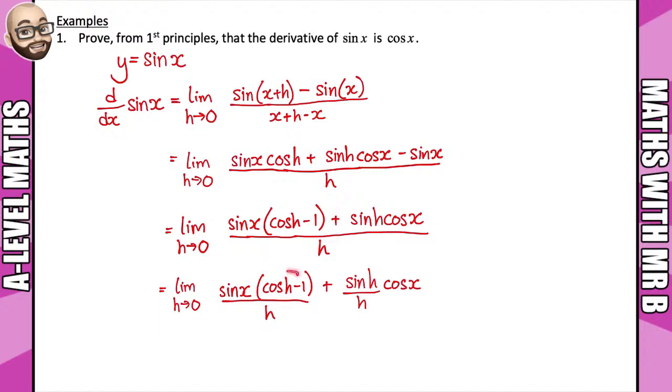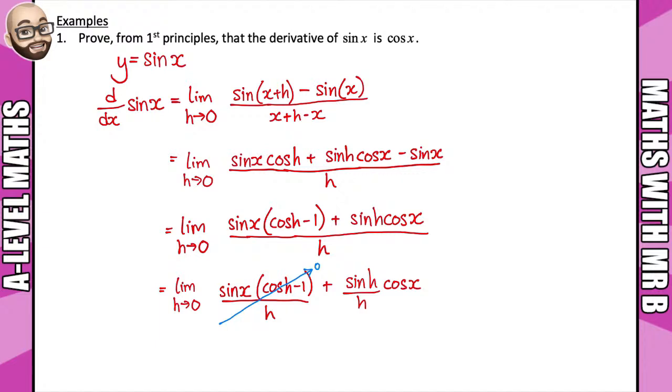If this bracket is 0, that means this entire section over here is going to be 0 as well. It is going to completely disappear as h gets closer to 0. What I'll do to show that is put a strike through it and say this is going to tend to 0 as h gets closer to 0.